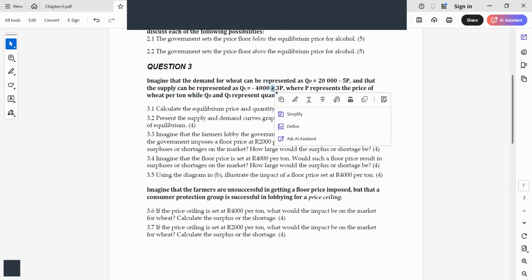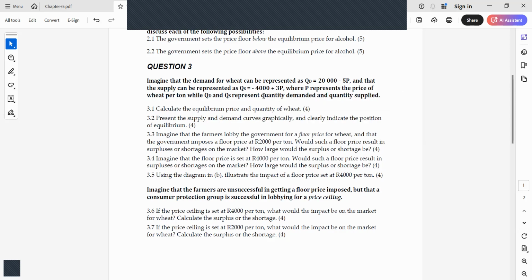Because of the law of supply: the price has a direct or positive relationship with the quantity supplied, and that is seen by the positive slope of the supply curve. So that is why here we have a positive. Okay, now they want us to calculate the equilibrium price and quantity of wheat.